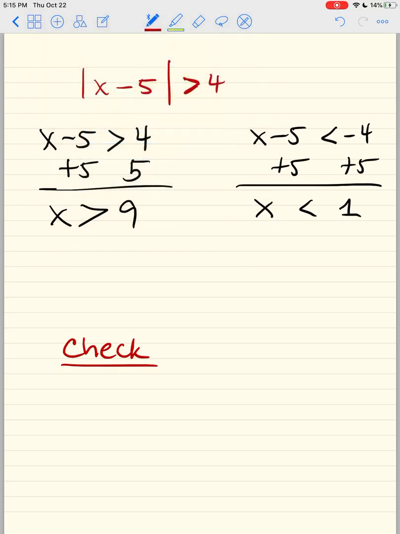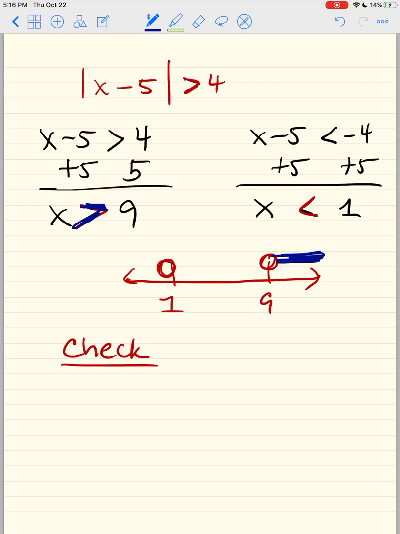Once again, for inequalities, no matter what class you're taking, you should put a number line. I'm going to put a 1 and 9 here. These are both open circles because it's just less than and greater than, not less than or equal to, or greater than or equal to. It's saying, hey, for the 9, I want you to point this way.